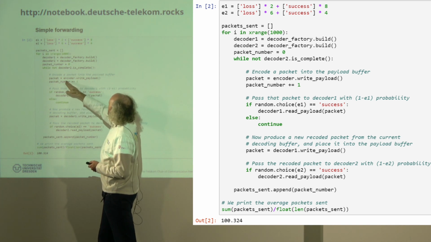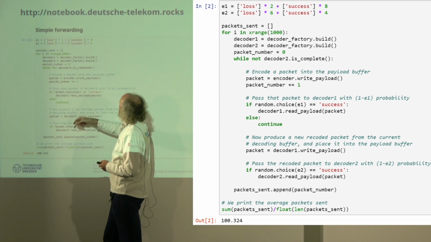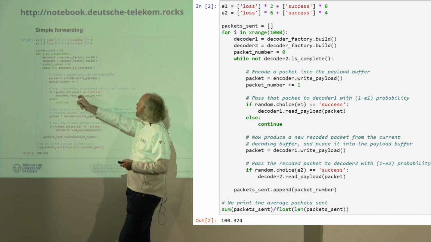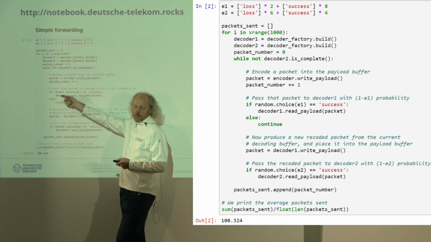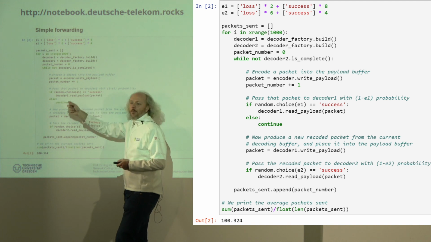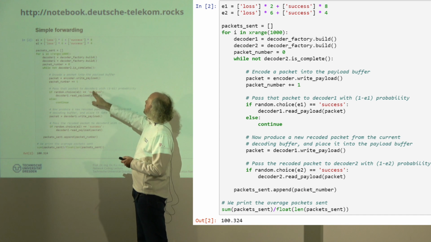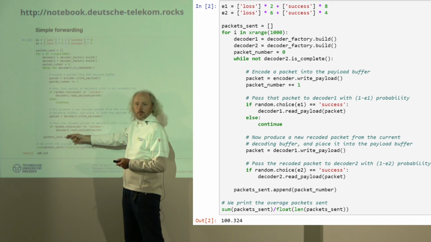I go in and say, go to the encoder, give me a packet. I count the number of packets up. Now I have a random choice of epsilon, which is given up there. And if this is equal to success, then I will read it into decoder 1. If I was not successful to reach my decoder 1, which in this case is a repeater, I just start over again. I don't continue.